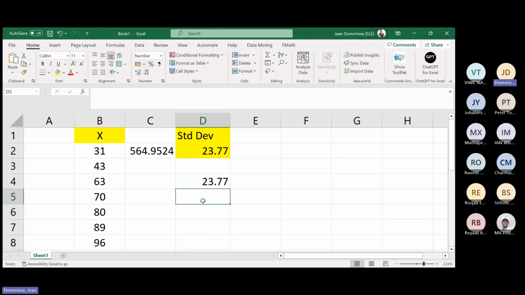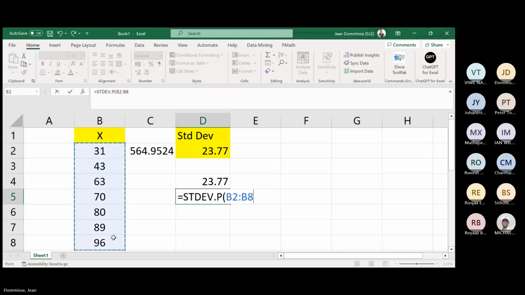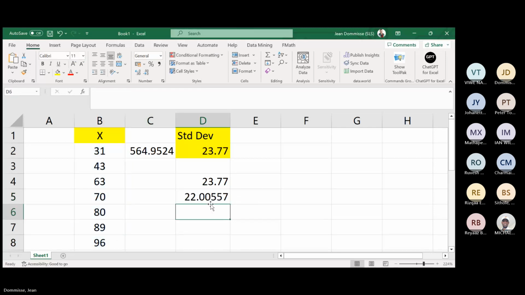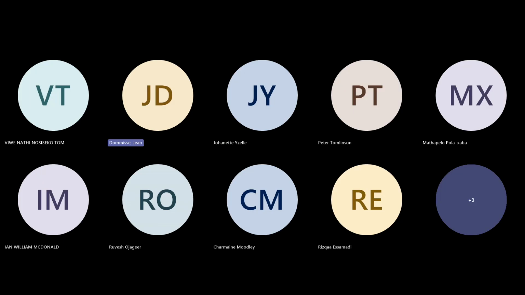When we work out the standard deviation, and let's say we used the population one, which was now the wrong one. So remember, 23.77, 22.01, and 22.01 is the wrong number.